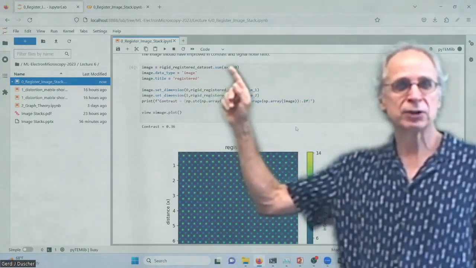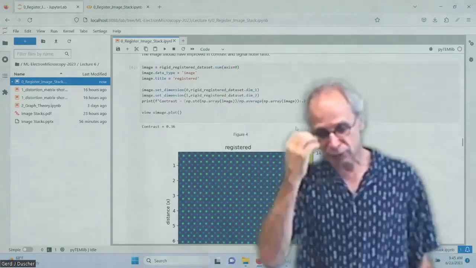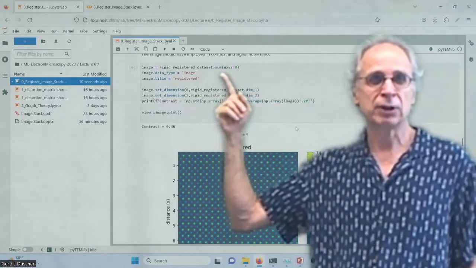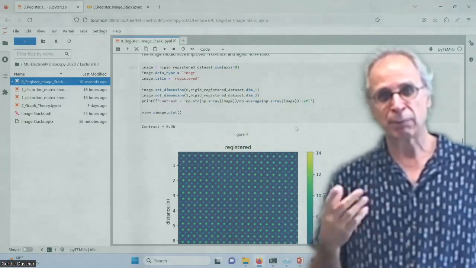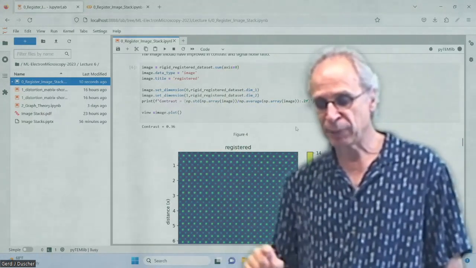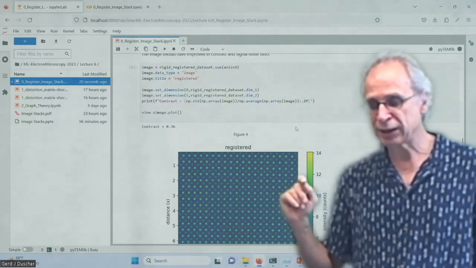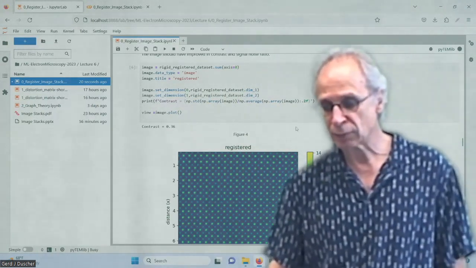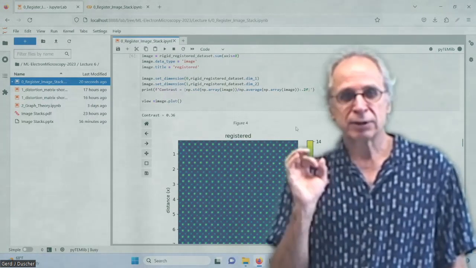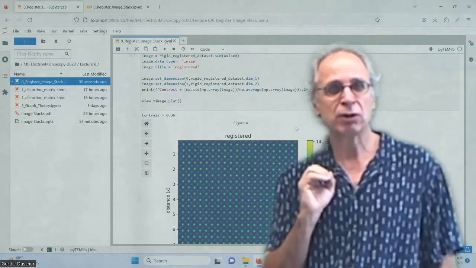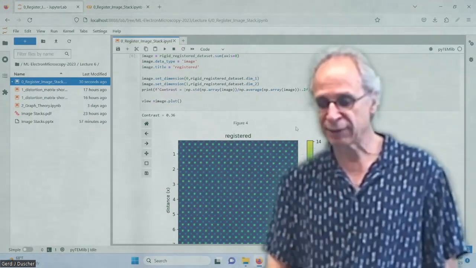So we sum this rigid data set. That's the advantage of the SIDPy data set: all of these different functions that you used from NumPy are natively implemented, and you get back a SIDPy data set that you then can just plot. What I'm interested in is the contrast. How good of a contrast did we get?